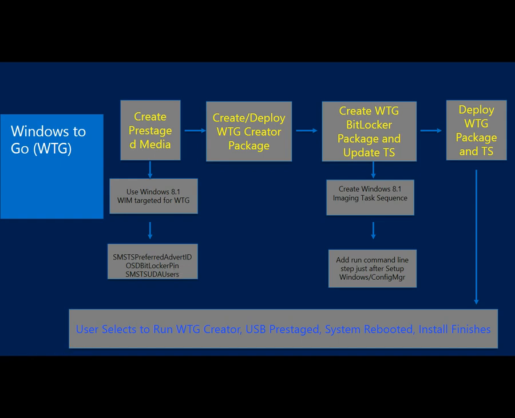One is SMSTSPreferredAdvertID. Right, that is a variable in Configuration Manager that is useful outside of this scenario. It's actually a really cool piece of this. You can use this variable in the pre-start command to actually specify what task sequence deployment you want to run.